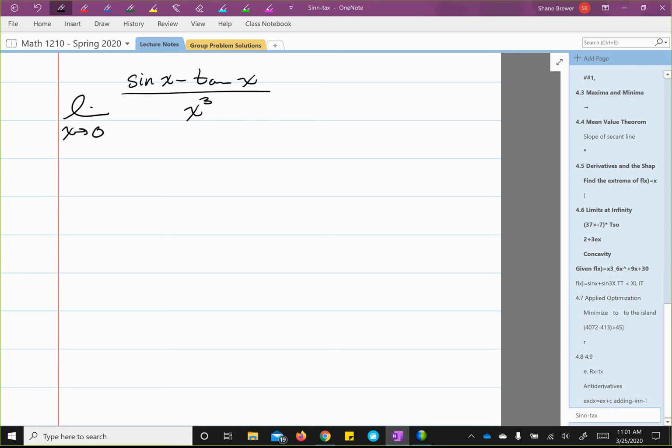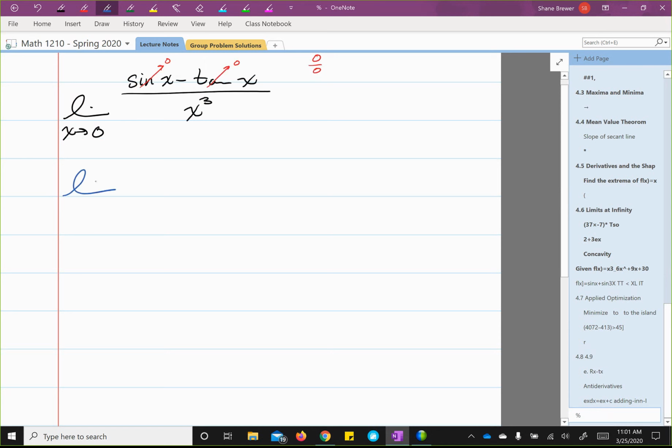All right, so if we try to evaluate this limit, we imagine x going to 0, and we notice that sine goes to 0, and tangent goes to 0, so the top is going to 0. And then x cubed is also going to 0, so it's 0 over 0, an indeterminate form, so we can use L'Hopital's.